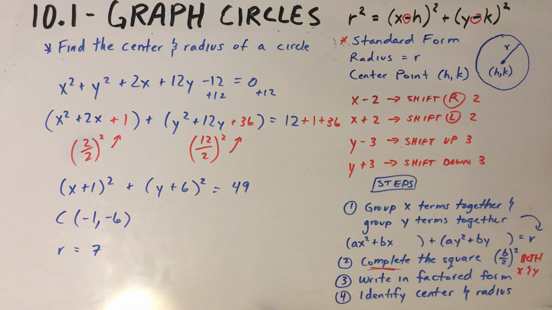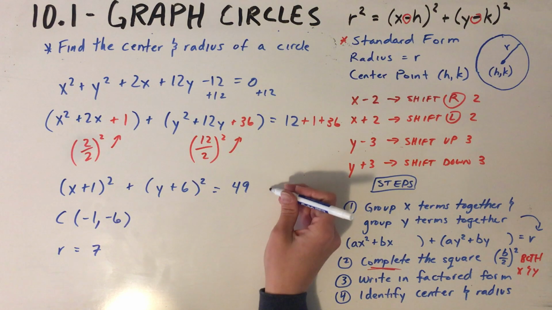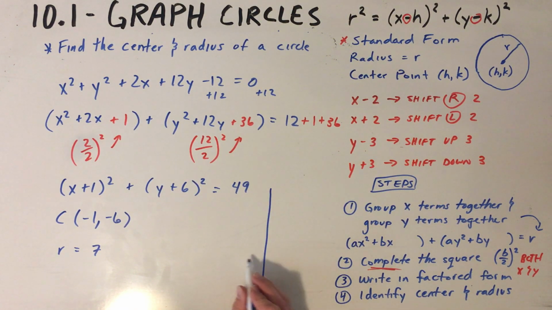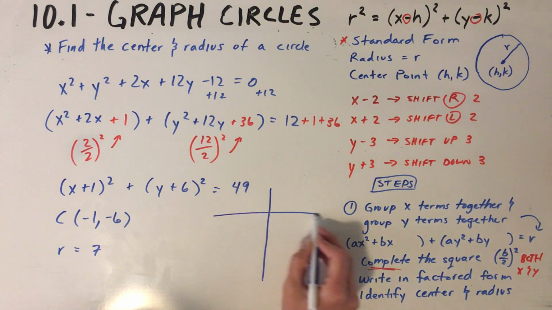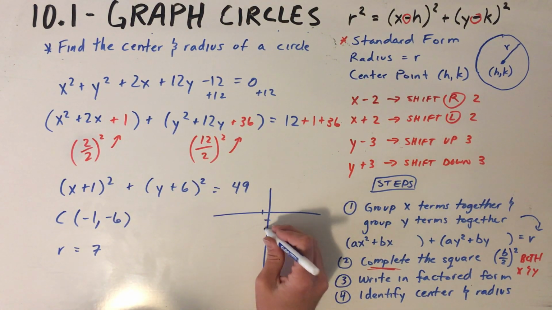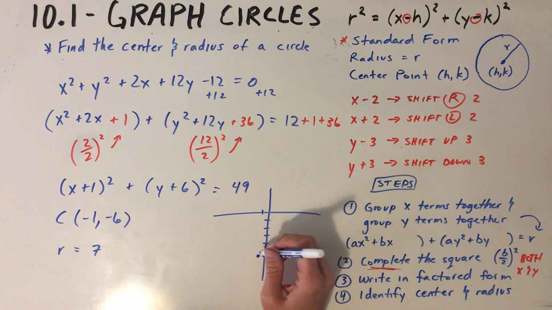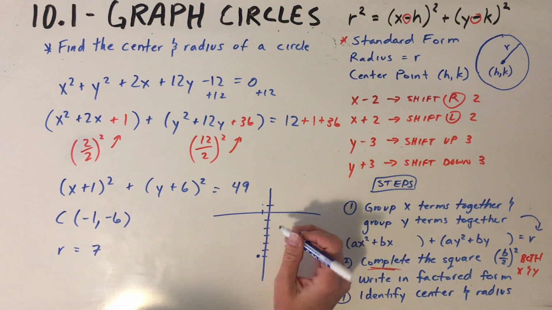What would this graph look like? Well, this is the one I should have drawn before. Negative 1, 1, 2, 3, 4, 5, 6. So we're going to be all the way down here at the center point, and from here we are going to go 7 in every direction.